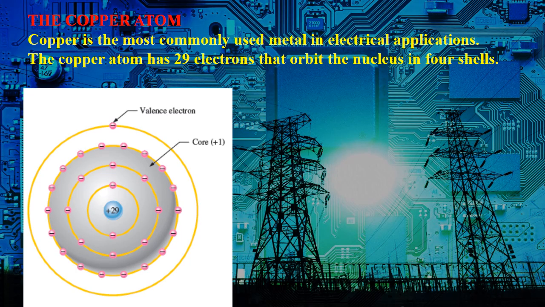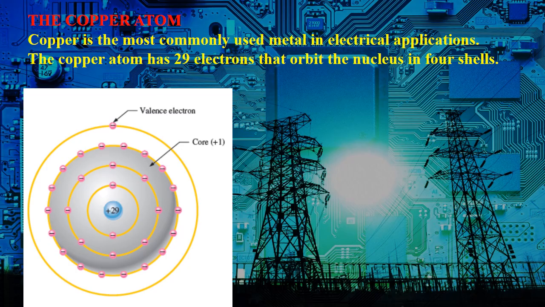Copper is the most commonly used metal in electrical applications. The copper atom has 29 electrons that orbit the nucleus in 4 different shells. Like I said, the rule of distribution of electrons among the shells: the first shell will hold a maximum of 2, the second a maximum of 8, the third a maximum of 18 electrons, and the fourth a maximum of 32 electrons.